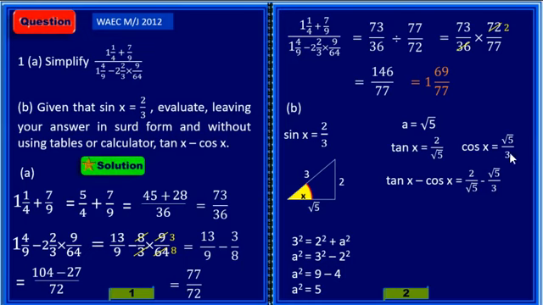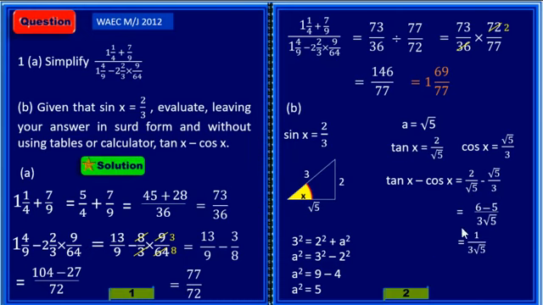We are going to simplify this fraction by multiplying across and multiplying sideways. Three times 2 gives us 6. Root 5 times root 5 will give us 5. Then root 5 times 3 will give us 3 root 5. So that gives us 1 over 3 root 5. That is the answer.